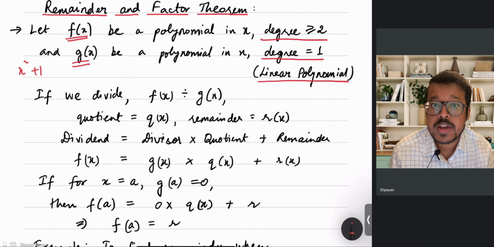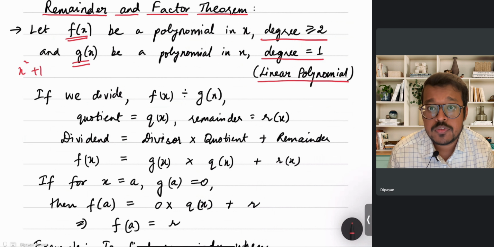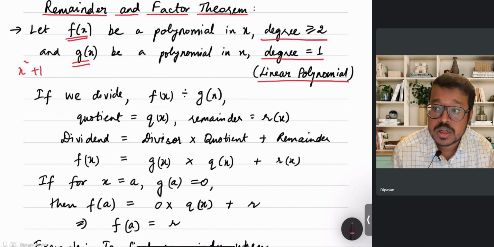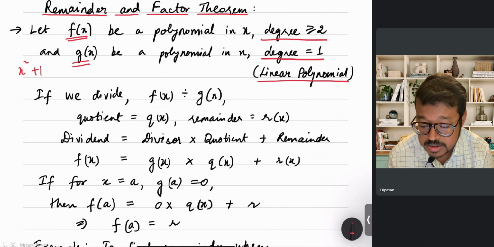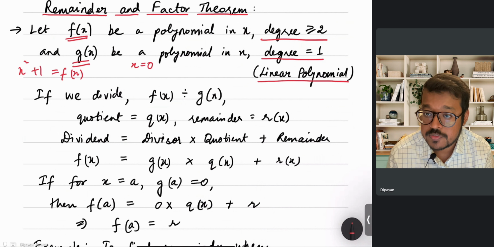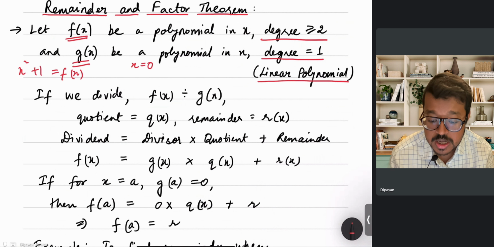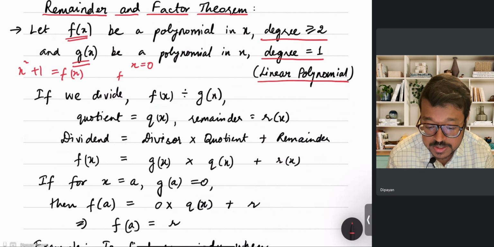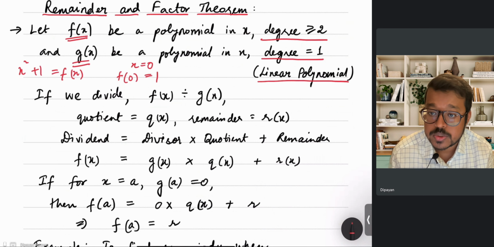So we will have a value of the variable and the value of the resulting expression. So that's why if I consider this as f of x, if I substitute x equal to 0, then the value of this entire expression will be 0 square plus 1, which is 1. So I will say that f when x equal to 0, the value is 1.